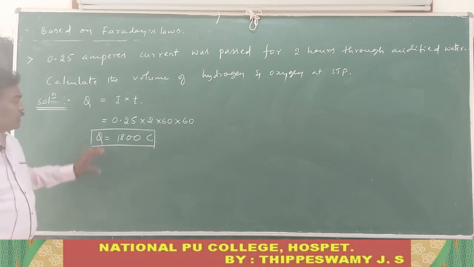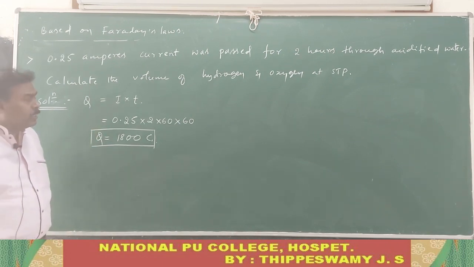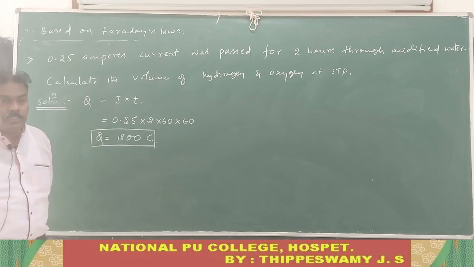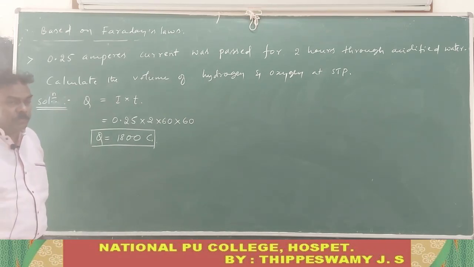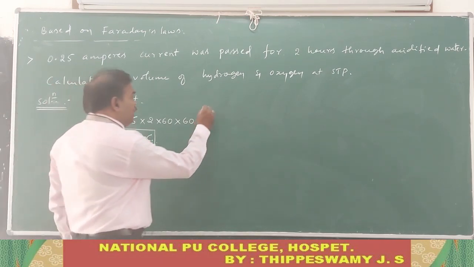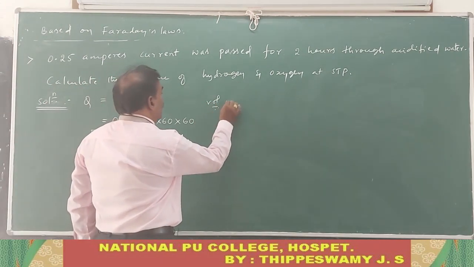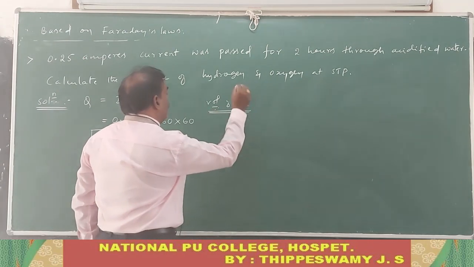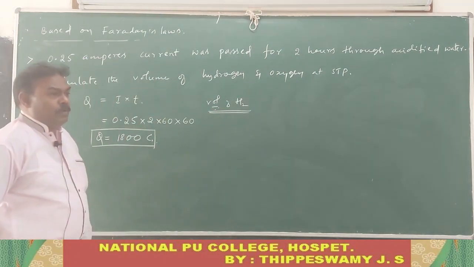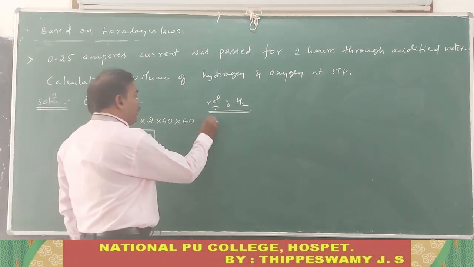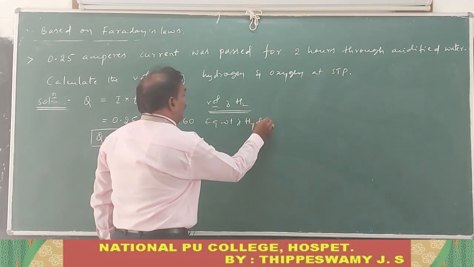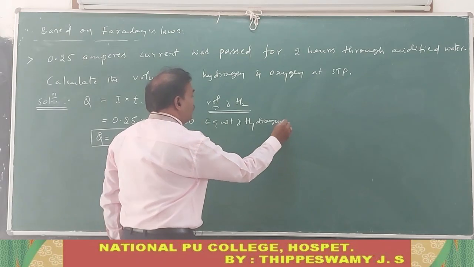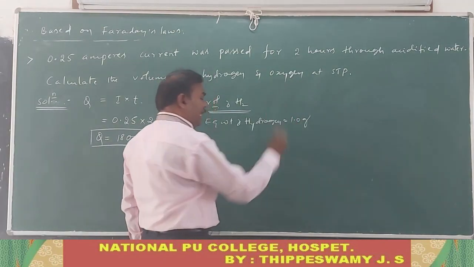By passing this much electricity, what is the volume of hydrogen and oxygen produced at STP? First of all, we will find the volume of hydrogen. We know the equivalent weight of hydrogen is 1.0 gram only.